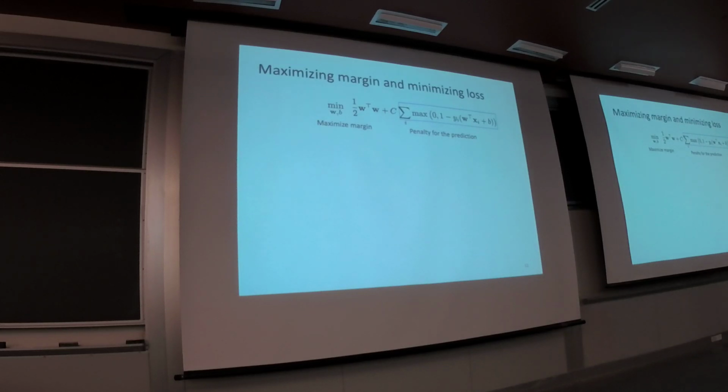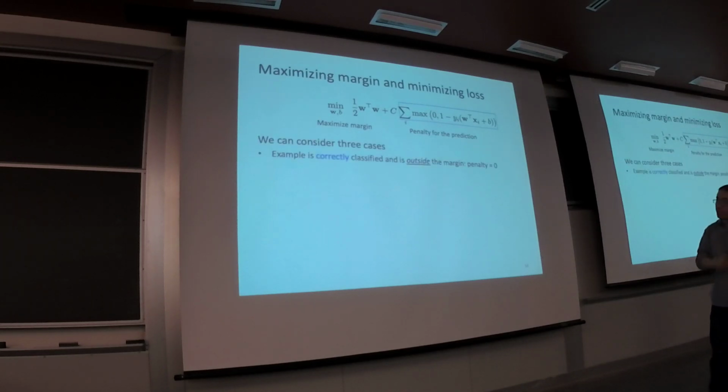Let us do analysis. Let us look at what kind of values this max function can take. There are 3 cases. First, if the example xi, yi is correctly classified and xi is outside the margin, what is the value of this max function?